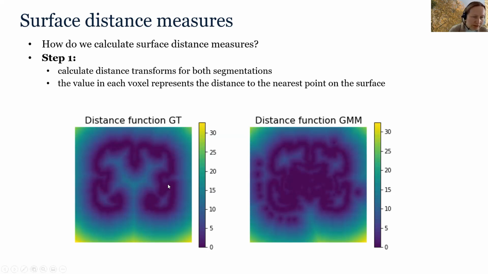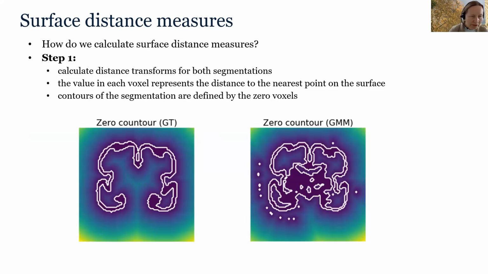This distance transform gives us a value for each voxel, and this value will be the shortest distance to the surface of the segmentation. So here you can see that if we take all the voxels with 0, we will get exactly the surface of the segmentation. So the 0 contour of this distance transform will be the surface of our segmentation.